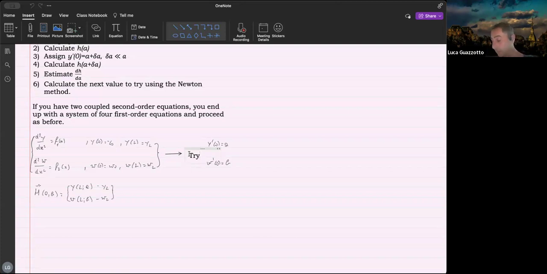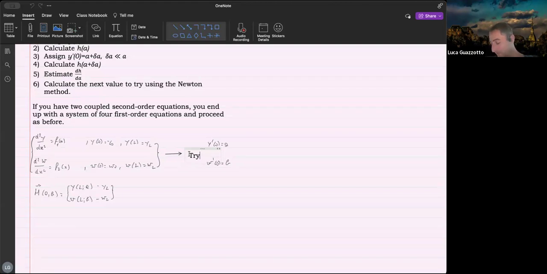Okay, so what I have to solve at this point is a root finding problem with two parameters and two equations. And you hopefully remember how to do that.